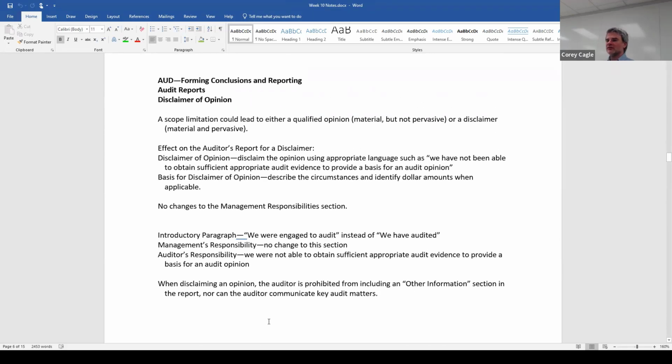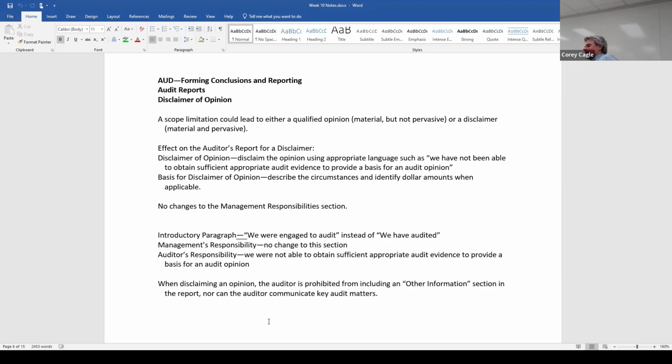Disclaimer. So this is a scope limitation that is material and pervasive. We couldn't audit enough to give an opinion, so we'll disclaim the opinion. The report will have a section now called disclaimer of opinion. And we'll say something like, we have not been able to obtain sufficient appropriate audit evidence to provide a basis for an audit opinion.